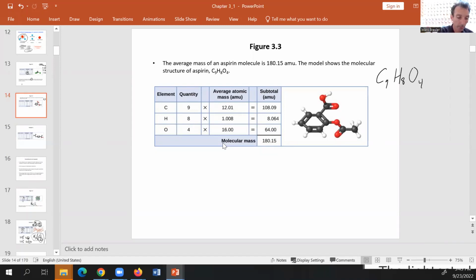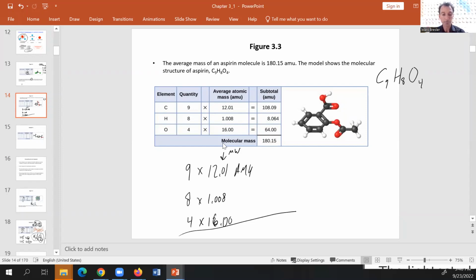So now we know there's 9 carbons and they're 12.01 AMU off the periodic table, the molecular weight. And there's 8 hydrogens times 1.008 and 4 oxygens times 16 for the molecular weight there. So then you just add those up after you multiply them, and that will give you your molecular weight.